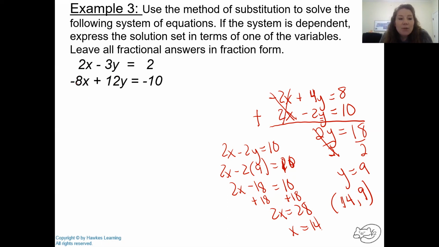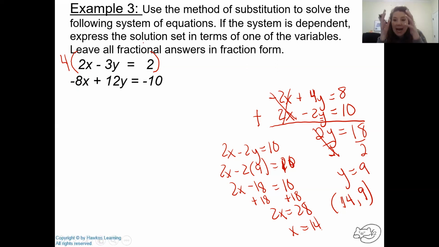So I know the way I could get rid of a negative 8 is to combine it with a positive 8, right? Well, can I multiply 2 by 4 to get positive 8? So basically, I would multiply this whole top equation by 4 because I want my x to be equal to positive 8x so that I can eliminate this negative 8x.